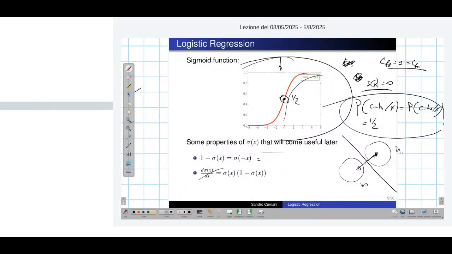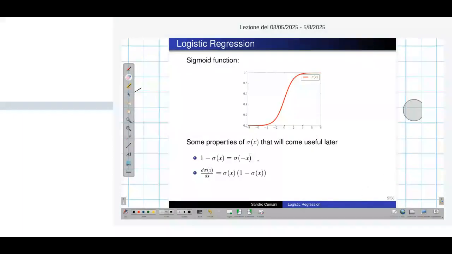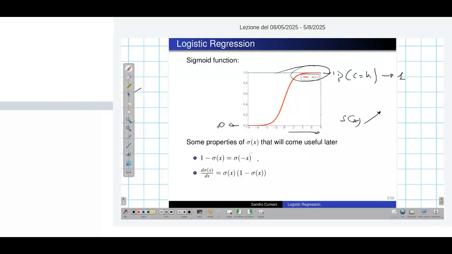And finally, this we will probably not need, so we can skip it. Then, as we move towards larger and larger scores, the sigmoid becomes larger and larger, which means that the class posterior probability goes towards 1 as the score increases. Asymptotically, this will tend to 1, and on the other side will tend to 0. This is correct. Remember what the score is. A score equal to 0 means that I'm exactly on the boundary.